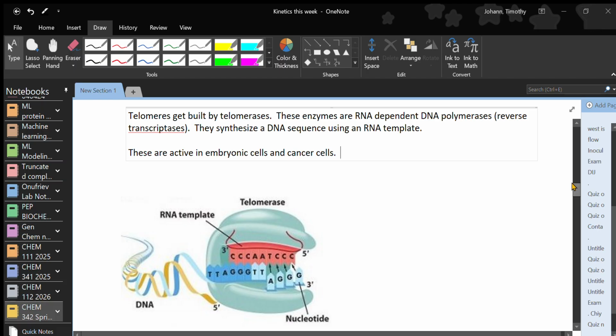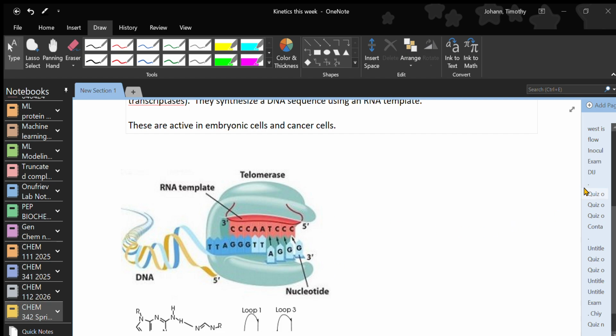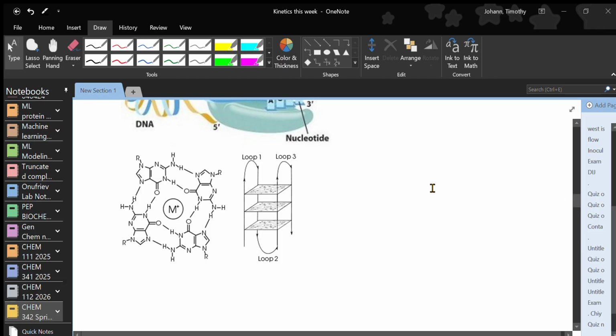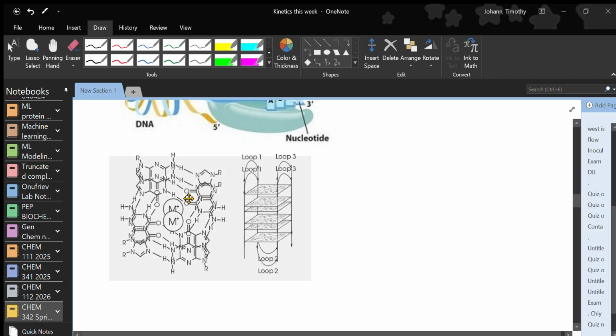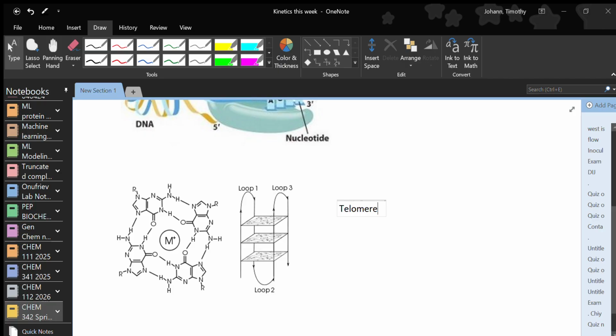Okay, so there's an interesting thing: when you get these repeated sequences with all these G's in a row, you can form some interesting structures. These are called G quadruplexes. We're covering this as much because I was trained as a DNA scientist and a DNA chemist originally, and they're pretty cool. So telomere sequences, I should say.